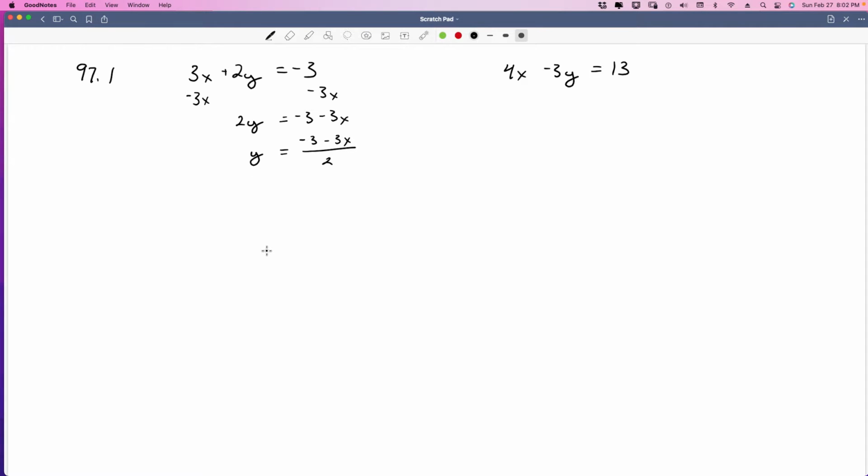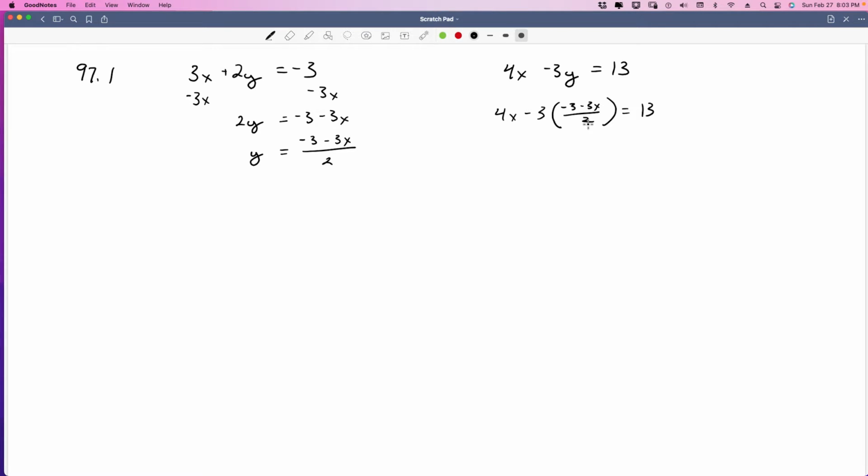There's my value for y that I'm going to substitute into this equation. So 4x minus 3 times negative 3 minus 3x over 2 is equal to 13. So I just took this value for y that we got from this original equation and substituted in for the y value here.